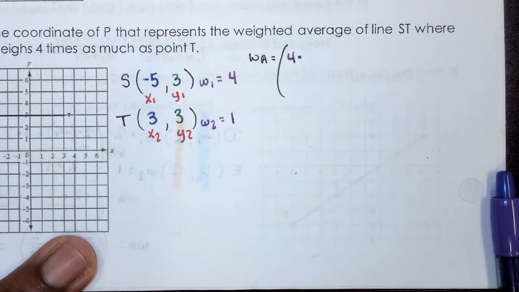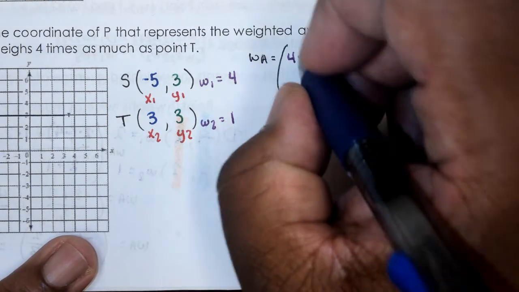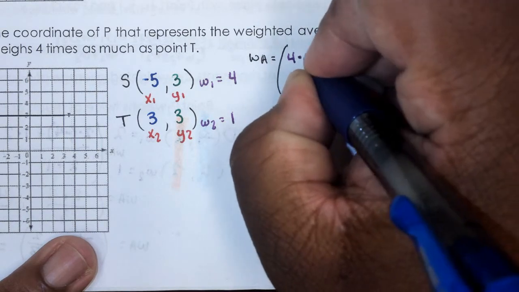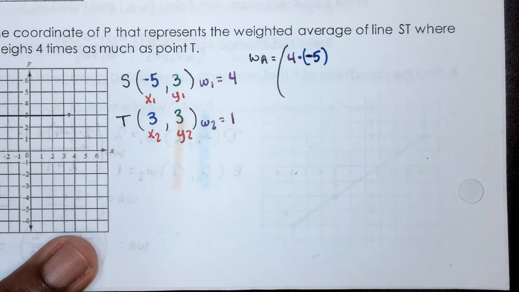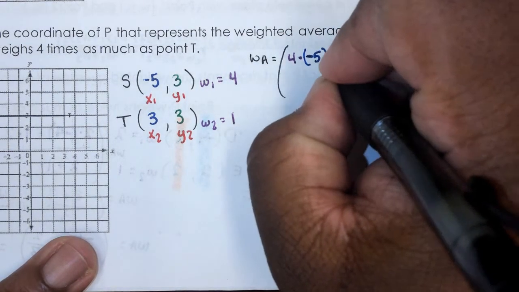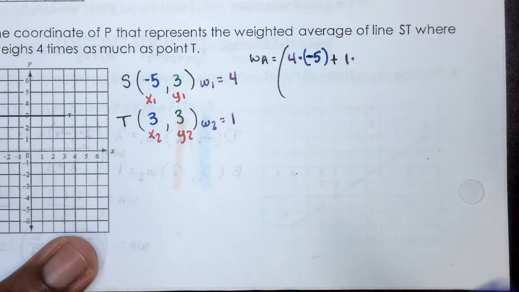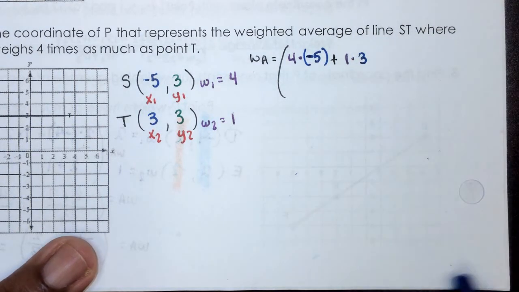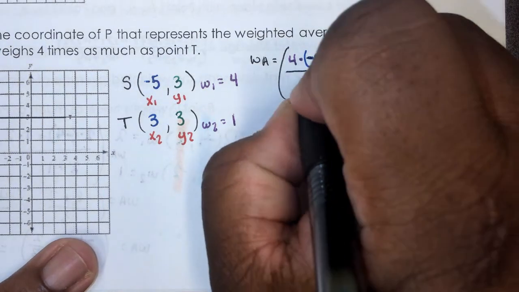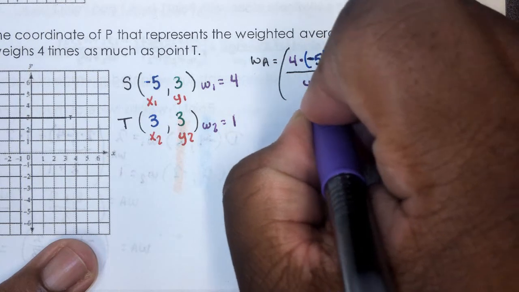Make sure you label. My weight 1 times my X1, which is -5, plus weight 2, which is 1, times 3. Divided by my weights added together, 4 plus 1.